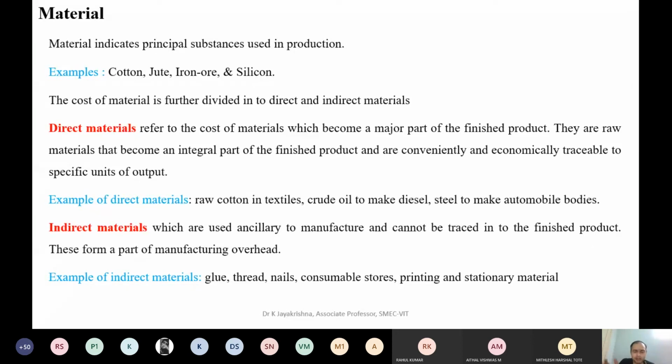They are required for running the business, like a card swiping machine. The tables and chairs all come under indirect material cost. Hope you are able to understand this. If not, I will explain it again.